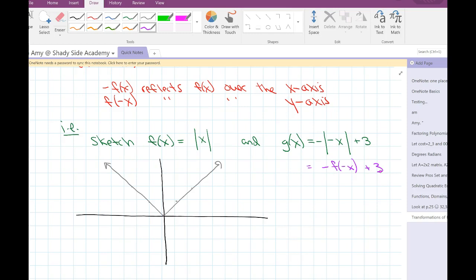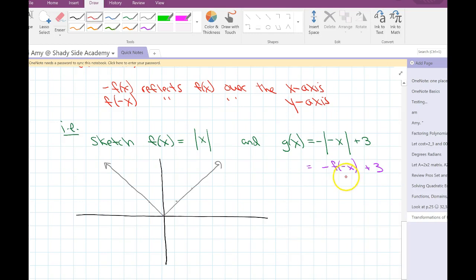What I tell students that means is to look at x and then take the operations in terms of the operations being done to x. So x is being negated here, and then f of x is being negated, and then you're adding 3.